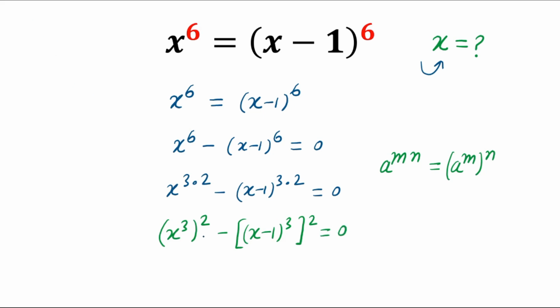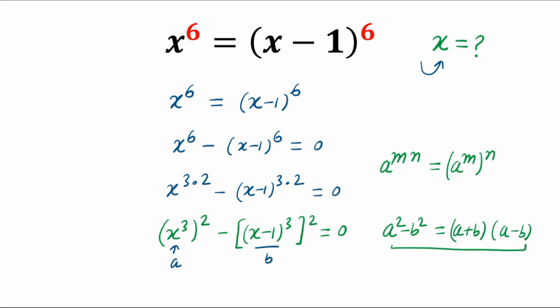Now look carefully, suppose this x power 3 is a and this (x minus 1) whole cube is b. Then this expression is a square minus b square. And we know the algebraic identity a square minus b square is equal to (a plus b) multiplied by (a minus b).